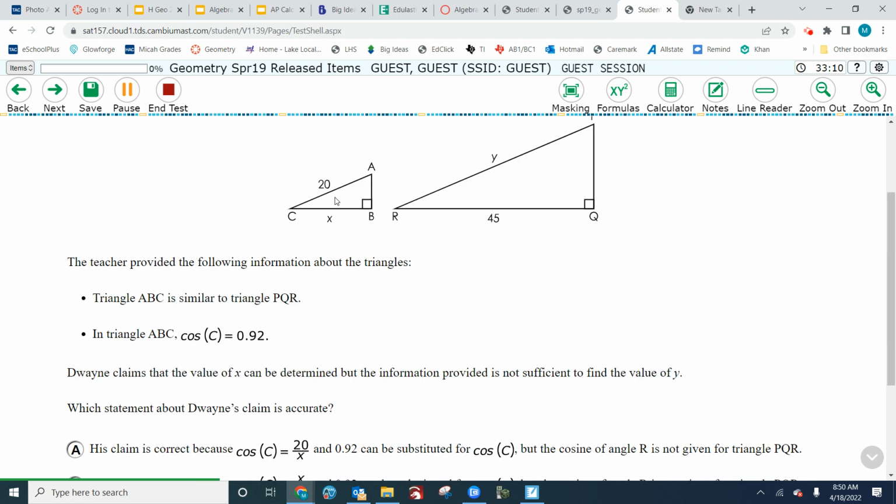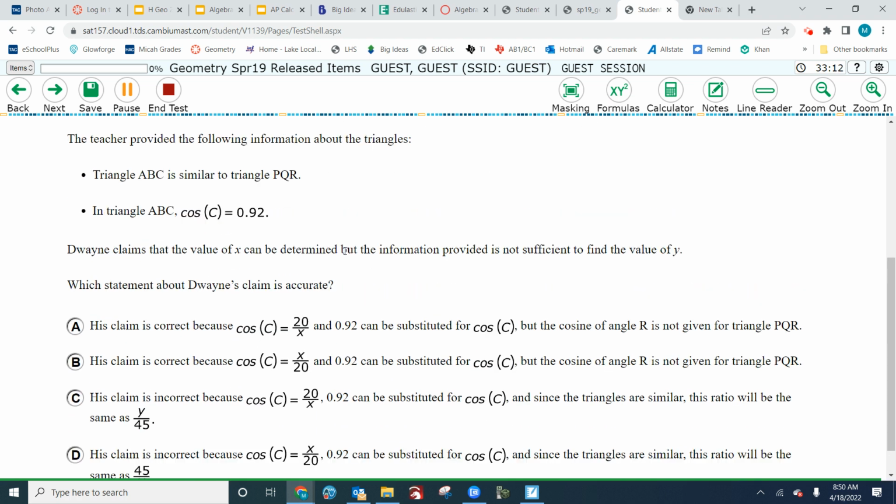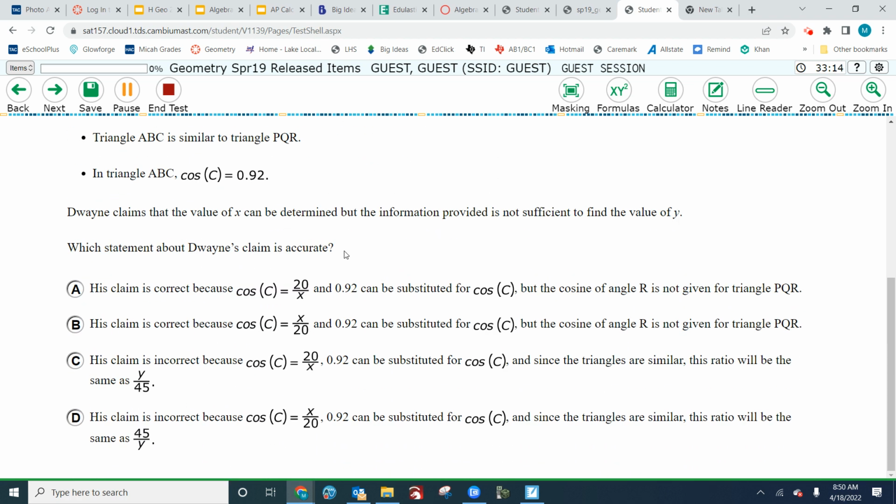Let's read all the options and see. Read through them and let me know what you think. So Dwayne's claim is that the value of x can be determined, but we're not able to find the value of y.